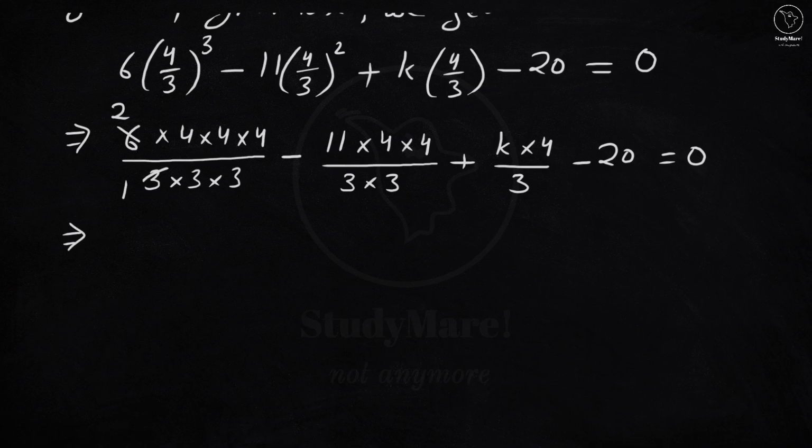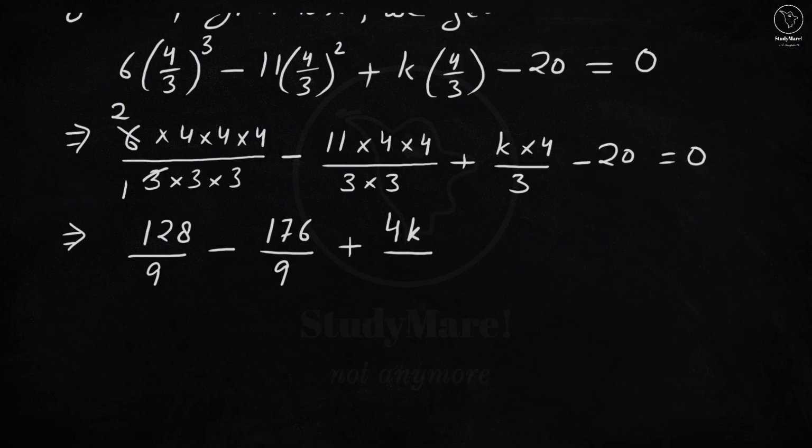So we get 2 into 4 into 4 into 4 as 128 divided by 3 into 3 is 9. Minus 11 into 4 into 4 is 176 divided by 3 into 3, 9. Plus k into 4 is 4k divided by 3. Minus 20 is equal to 0.